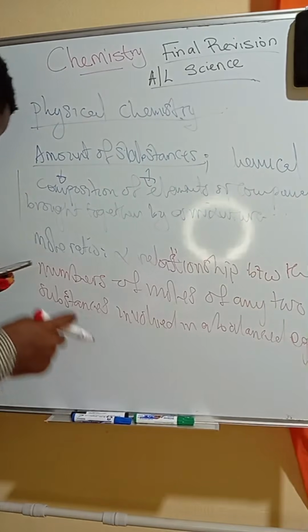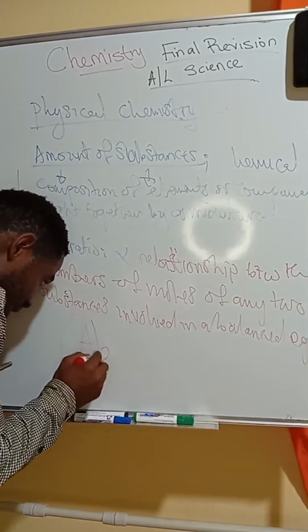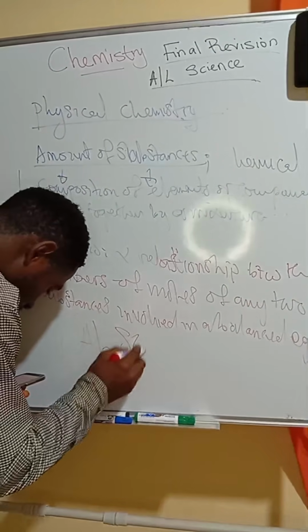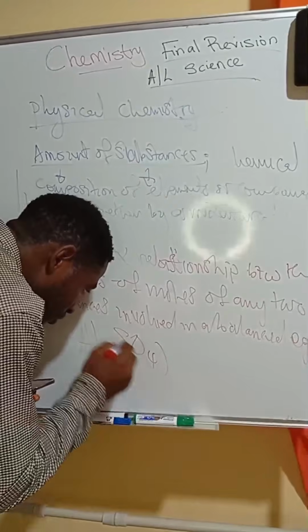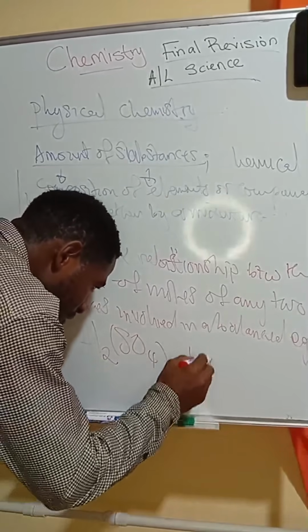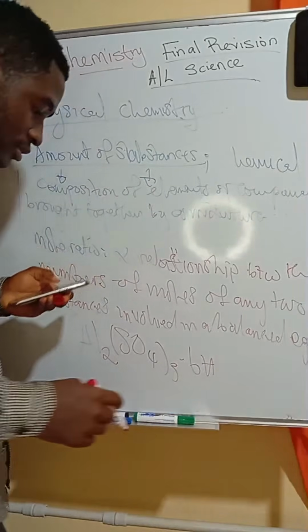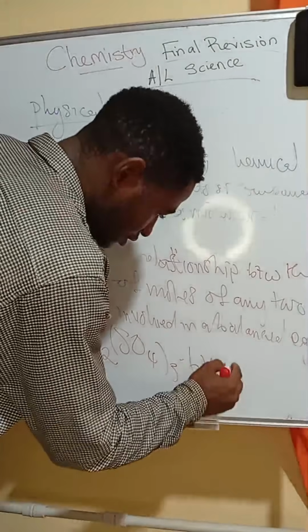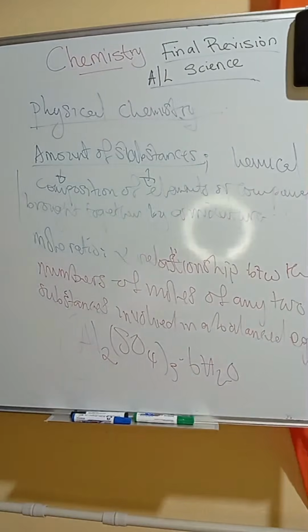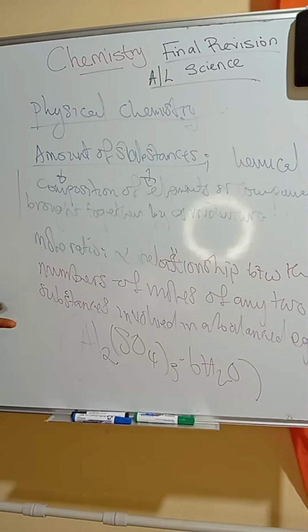The chemical formula of hydrated aluminum sulfate is given as Al2(SO4)3.6H2O. So this is the chemical formula of hydrated aluminum sulfate.